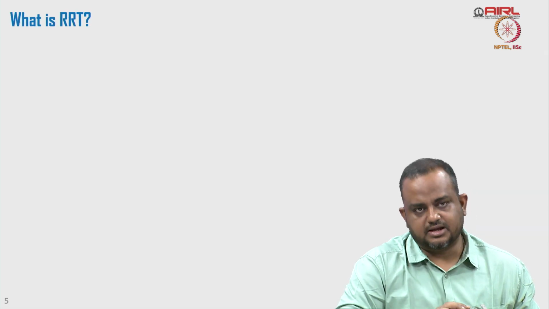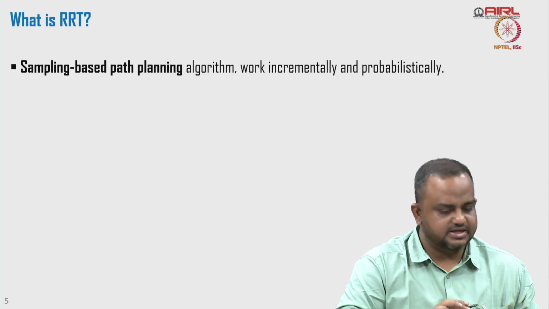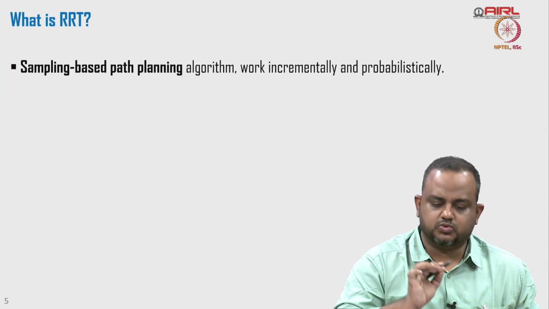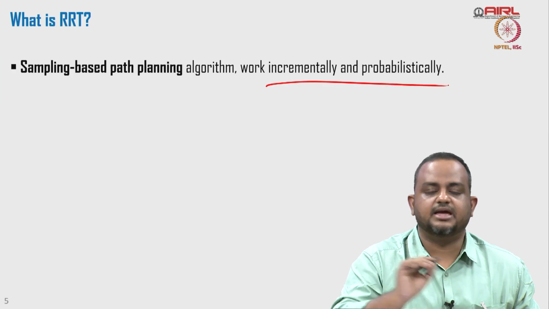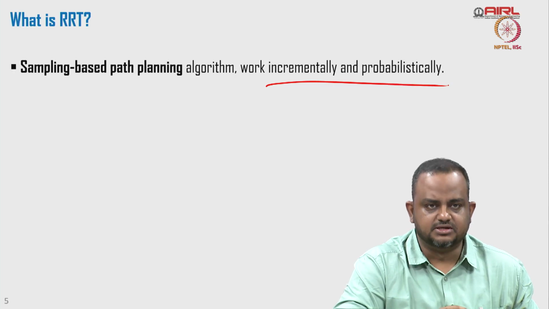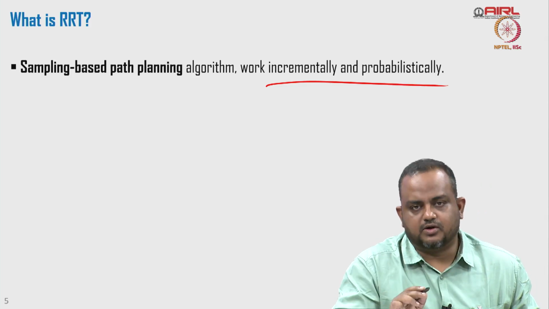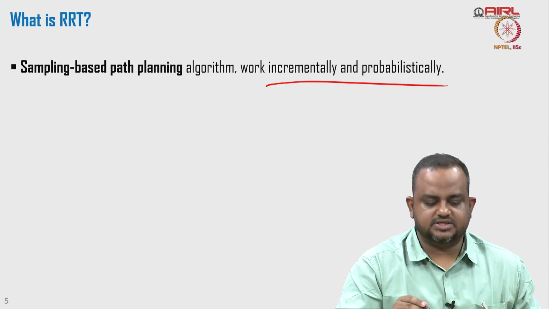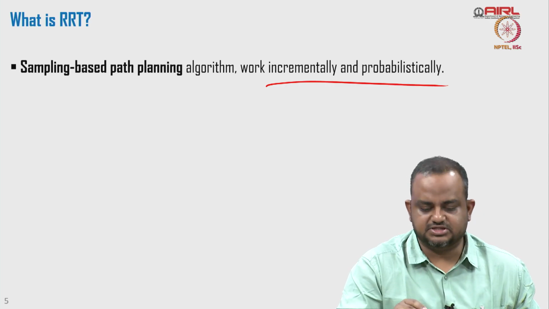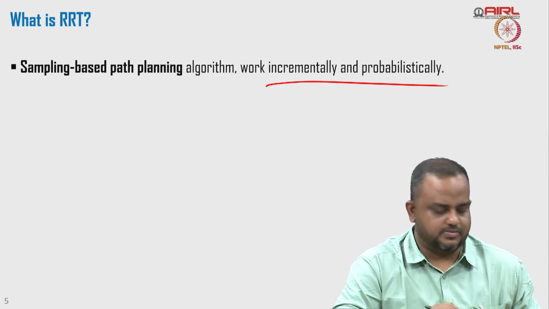Now, what is happening in RRT? It is a sampling based path planning algorithm which works incrementally and probabilistically. That means, the major difference is that it is not grid based planning. So, we do not have to discretize the entire configuration space beforehand. Rather, this sampling based path planning can handle the situation incrementally and probabilistically.